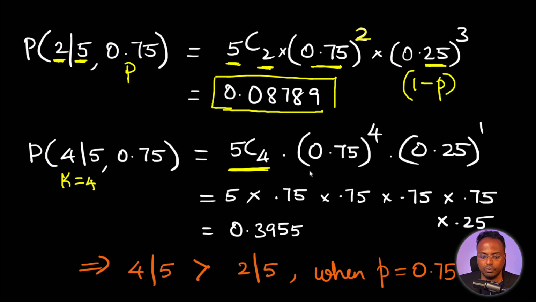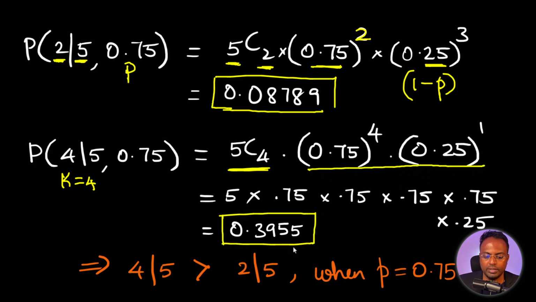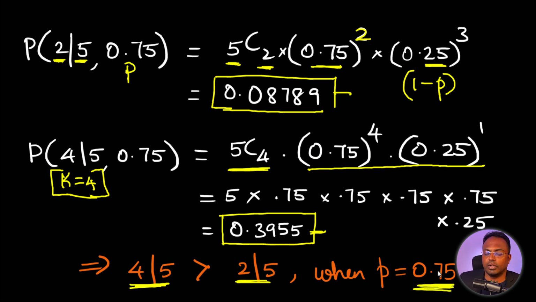So 5C4, and you substitute all the remaining values, you get the probability to be 0.3955. So comparing these 2 values, we see that the probability of getting 4 successes is greater than the probability of getting 2 successes when p equals 0.75. So congratulations if you got it right.